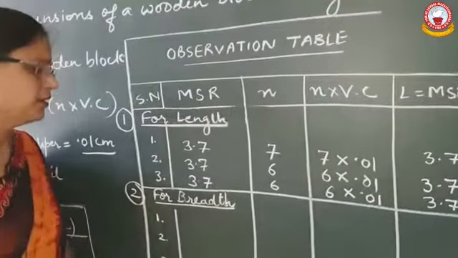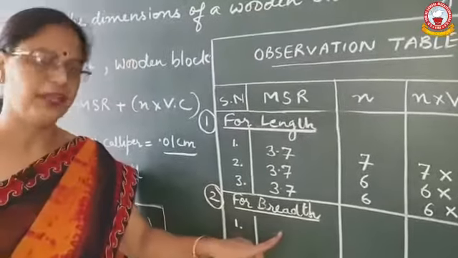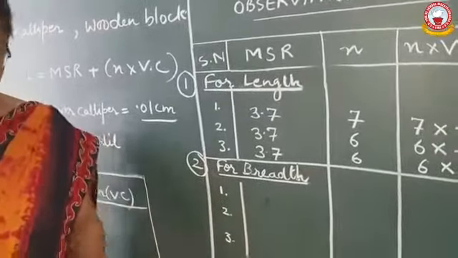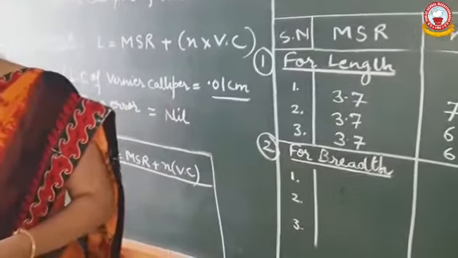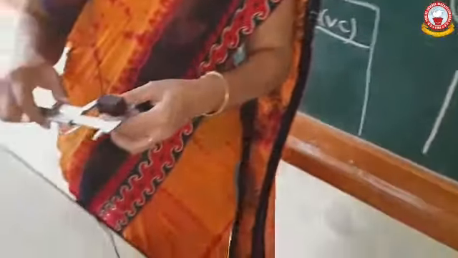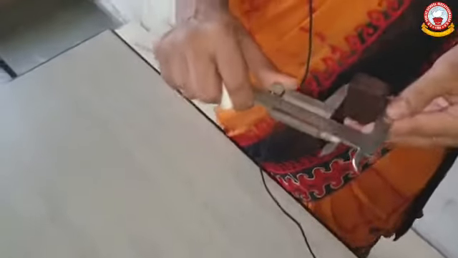In the same manner we will measure the breadth. For breadth also we will take 3 observations. So now again we will fix our wooden block between the 2 jaws along the breadth.